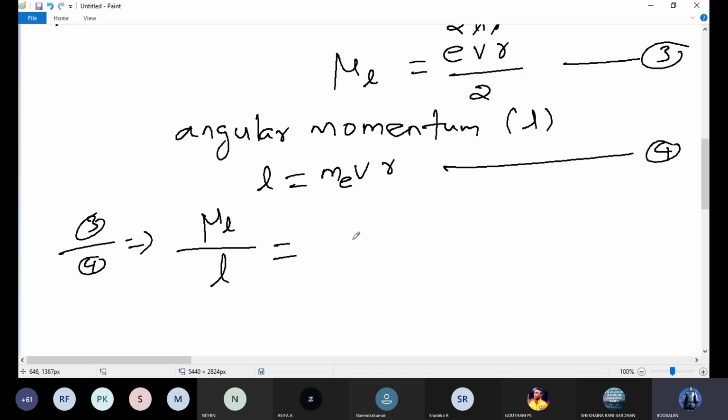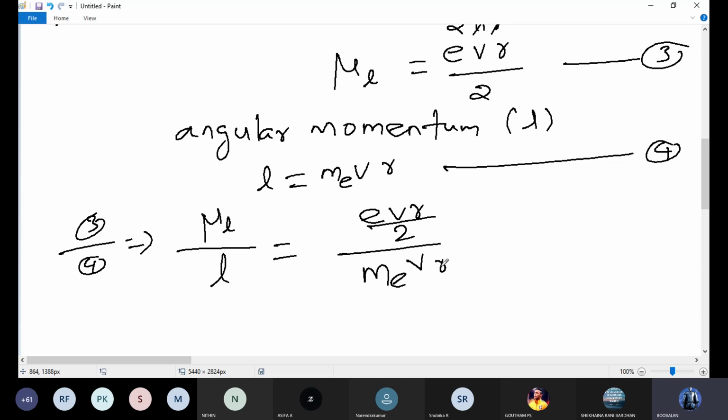The mu L value is e v r by 2, divided by the L value m e v r, where m e is the mass of electron.